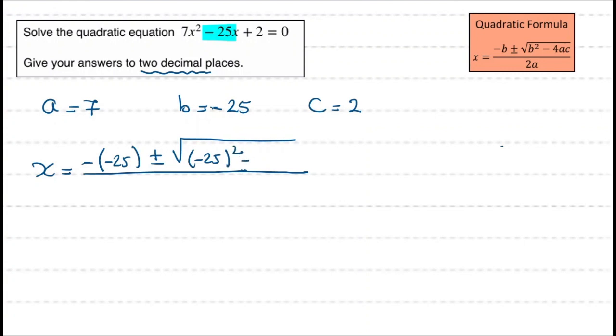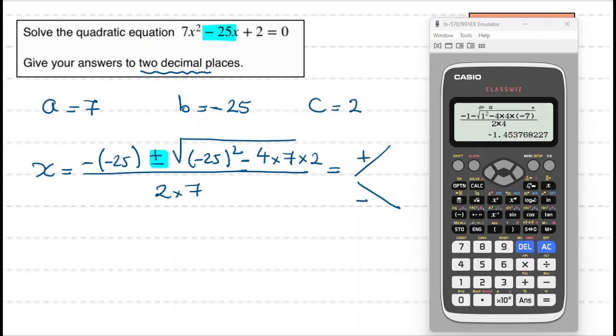Then we have minus 4 times the value of a, 7 times the value of c, 2. And then it's over 2 times the value of a, which is 7. Then because of the plus and minus sign, we'll get two solutions, plus and minus.